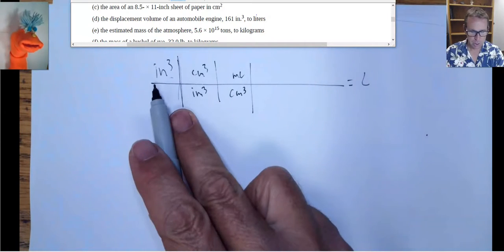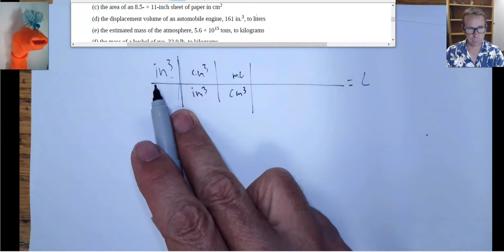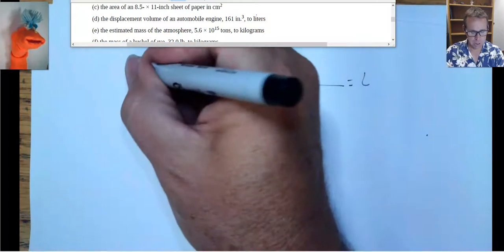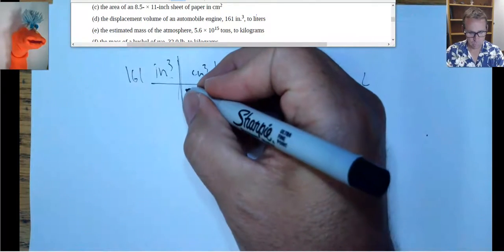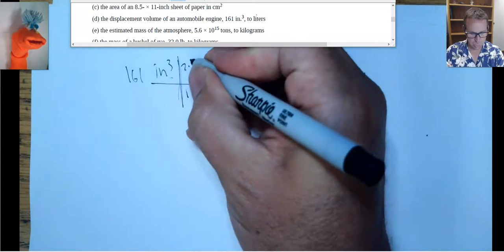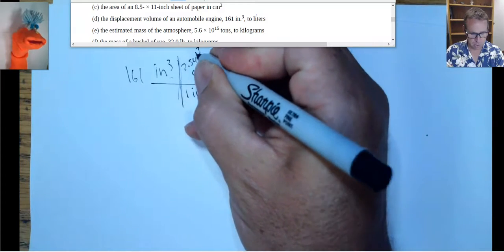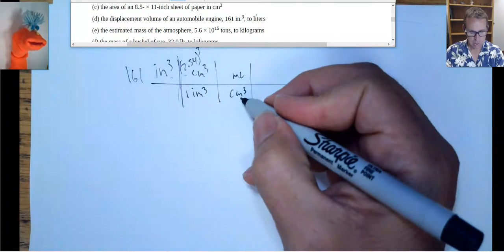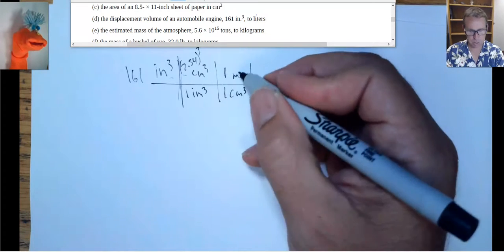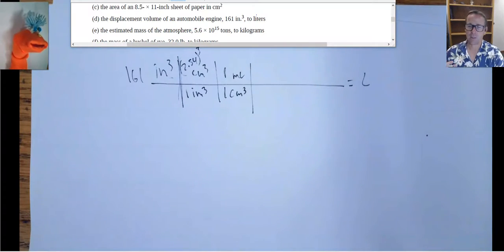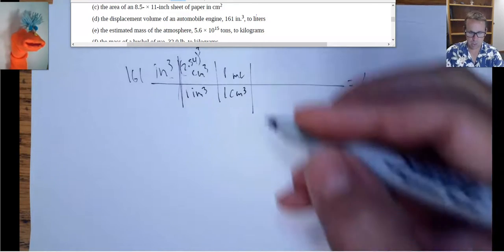All right, so how many inches cubed? 161 inches cubed. So I go 1 inch, 2.54 centimeters, but I have to cube it, right? Then 1 centimeter cubed is 1 milliliter. I don't need to cube anything there. That's the definition of a milliliter. It's a centimeter cubed of whatever material we're talking about.